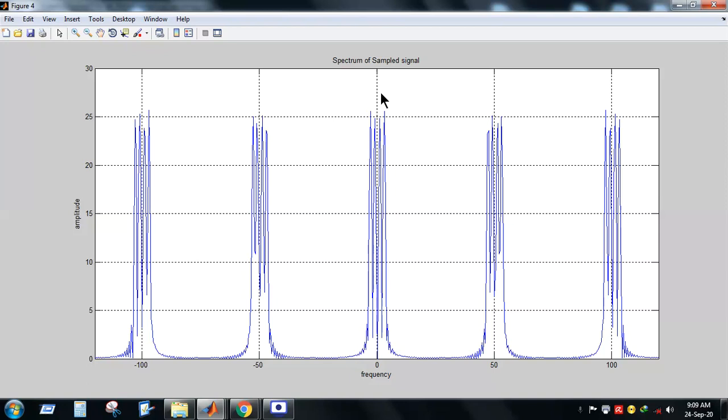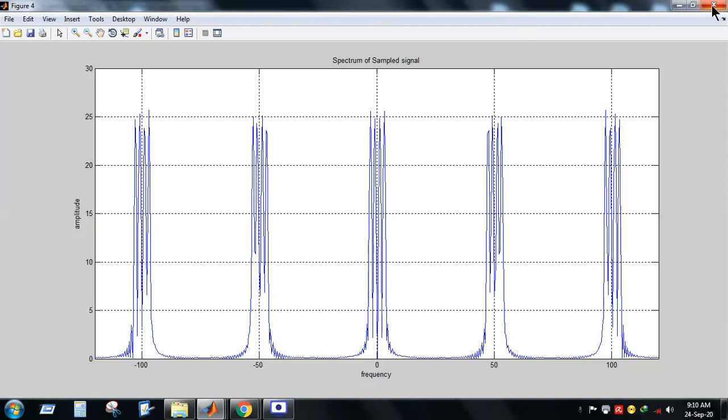Okay, so this is basically experiment number 1. At home you will try this particular problem, and you can also check the spectrum for other kinds of input message signals. Suppose you consider a sinc function or another function, and observe the corresponding spectrum and how it behaves after sampling.